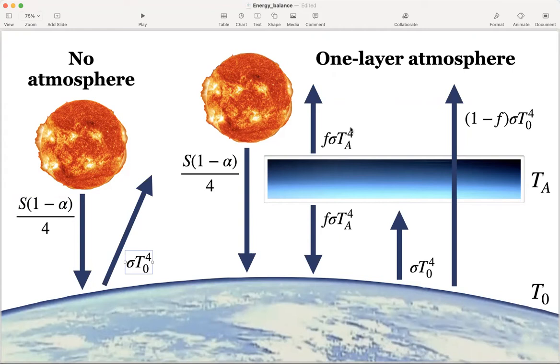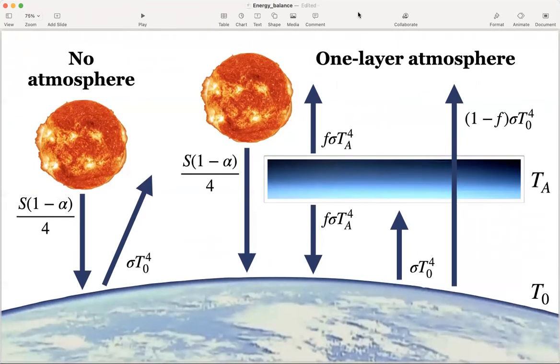And so that is a special case of this one layer atmosphere that you're to construct in question 3, where F equals 0. And of course, F is the fraction of the emitted radiation from the surface of the Earth that is absorbed by the atmosphere.